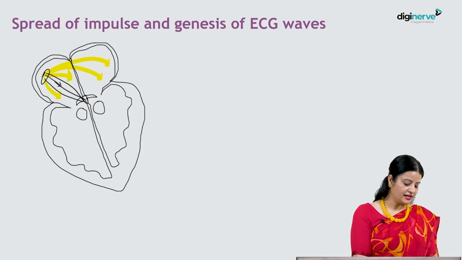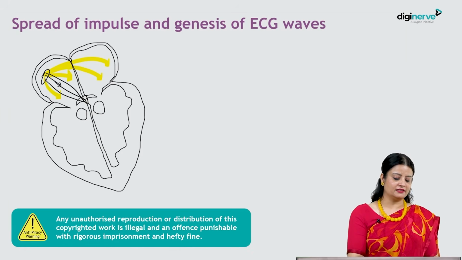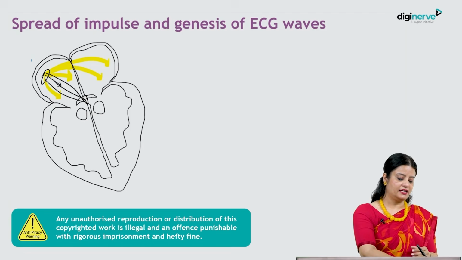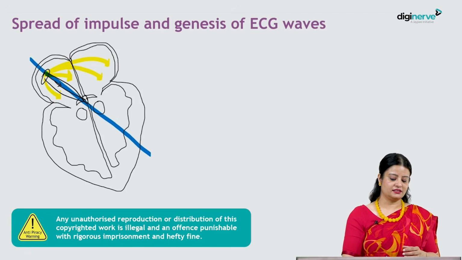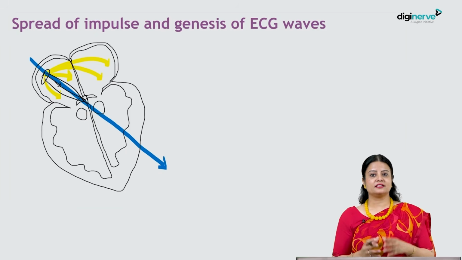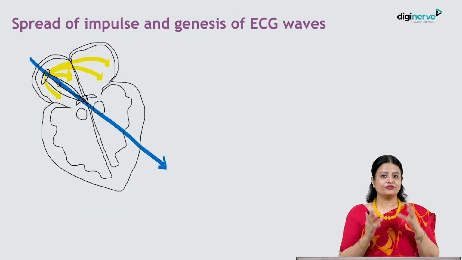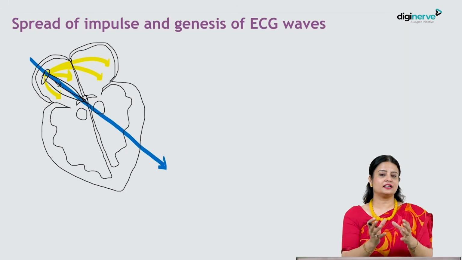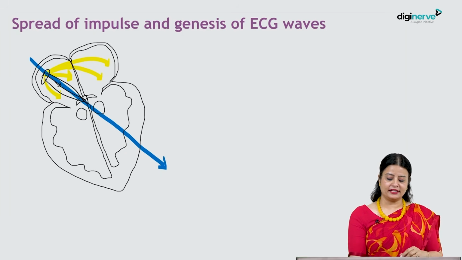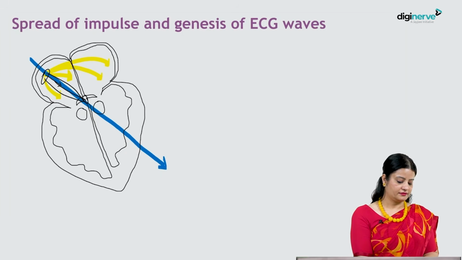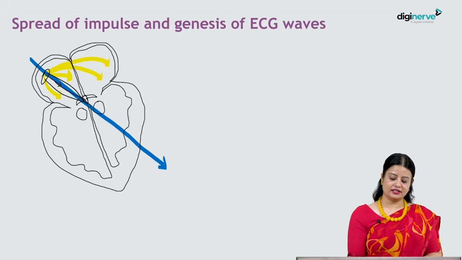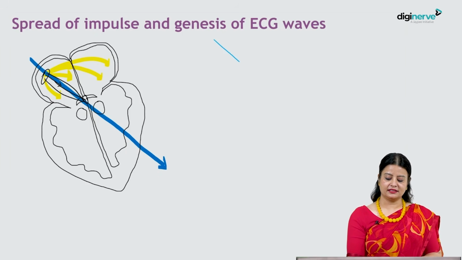So now if I have to find out the resultant vector of the atrial depolarization, it follows this direction. So keep in mind the instantaneous vector for each time the current flows in the heart. So when the atria are getting depolarized, the flow of current happens in this direction.